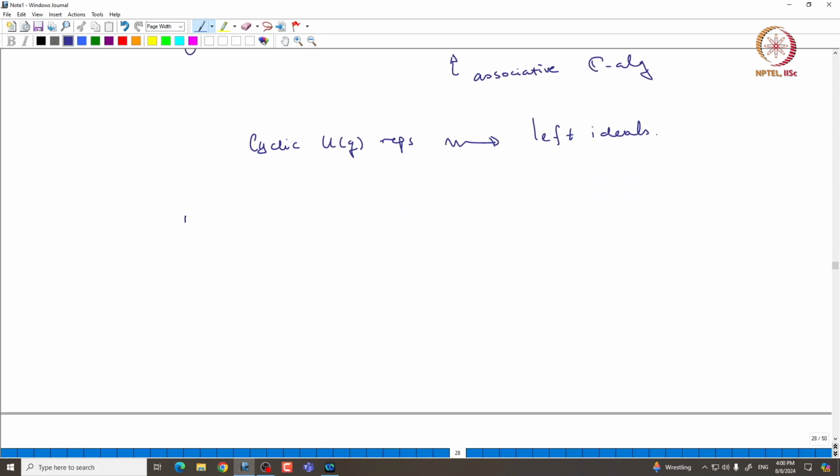Then you can simply take I lambda to be the left ideal generated by H minus lambda of H times 1, where 1 corresponds to the generator of C inside your UG.